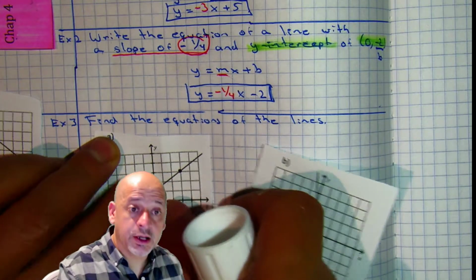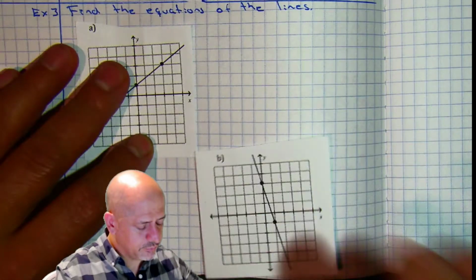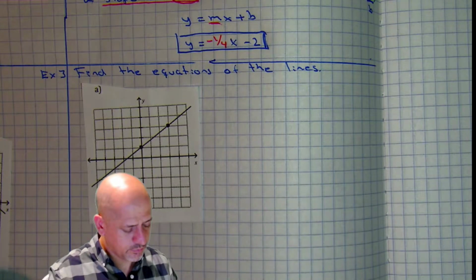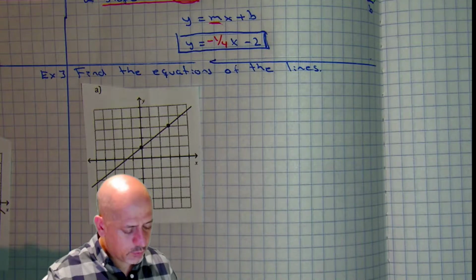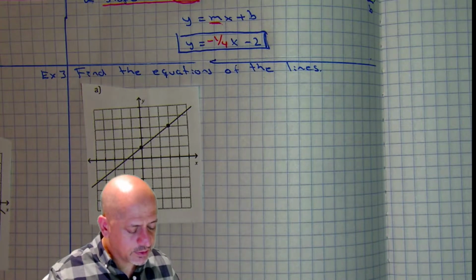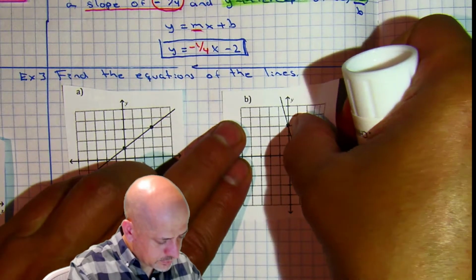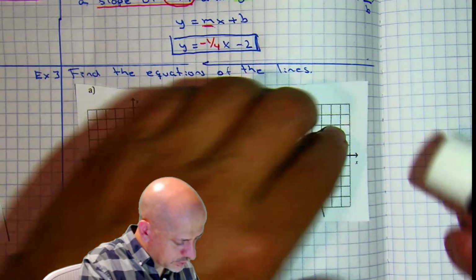Just make a nice grid, a 5 by 5. And what we're trying to do is find the equation of the line. Perfect. Make sure you get your corners.